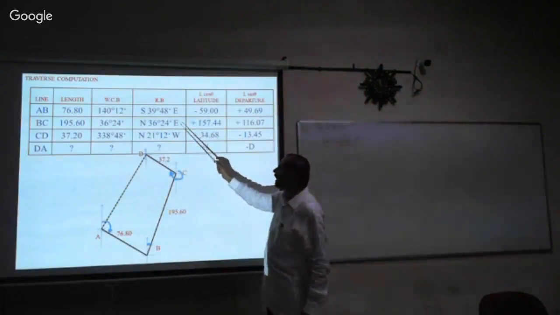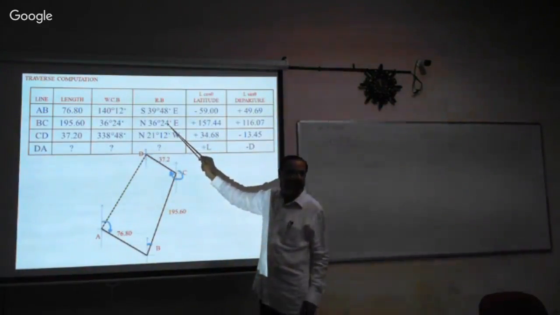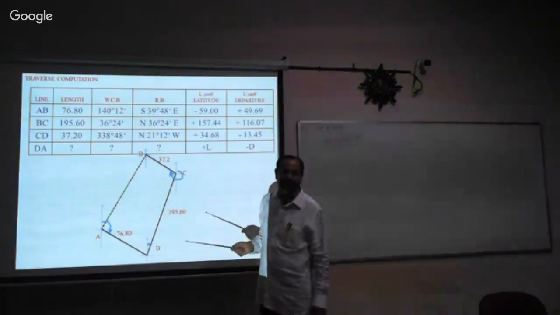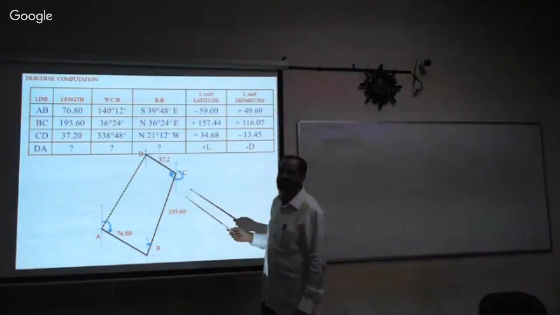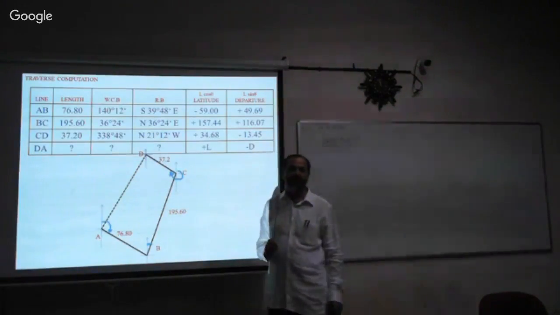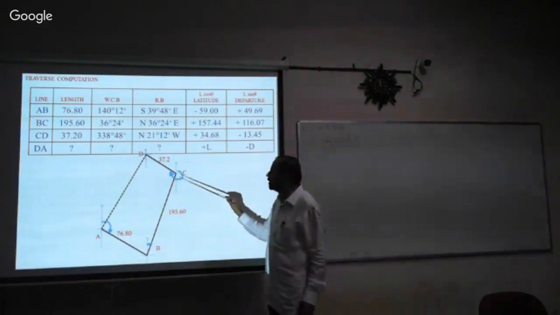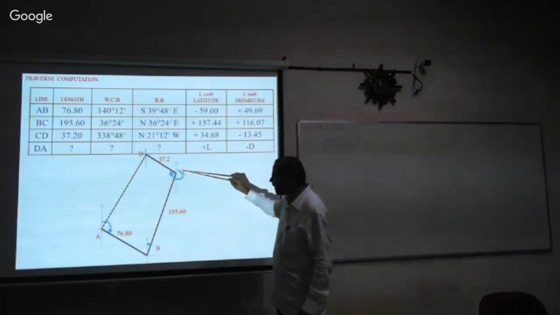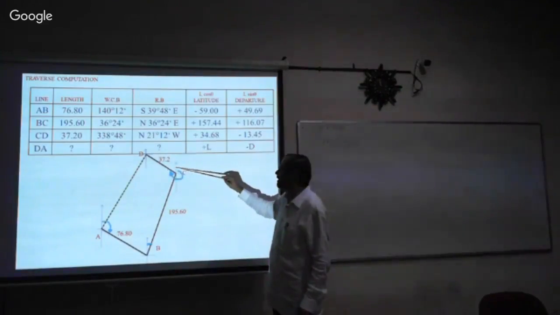And what is the reduced bearing? Reduced bearing is also 36 degrees, 24 minutes. The whole circle bearing is always measured with respect to north direction.